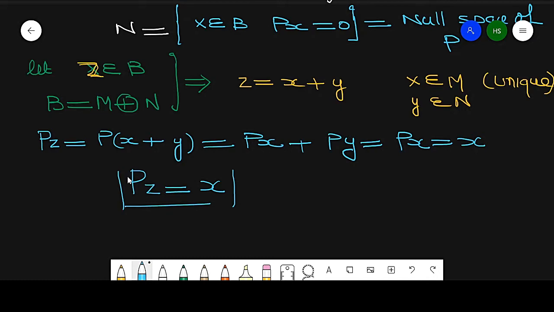Remember this result also. In the range its value is equal to itself, and in the null space its image is equal to 0.